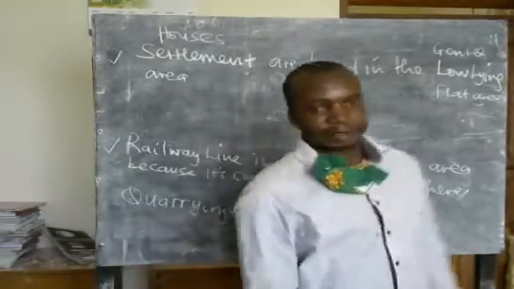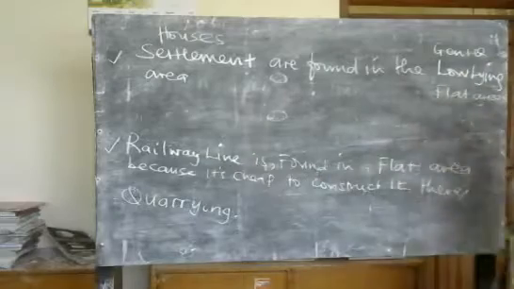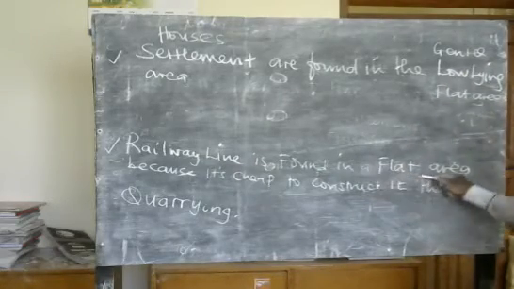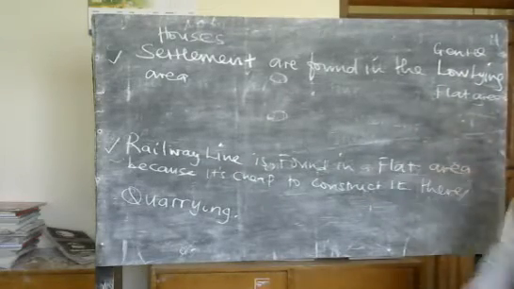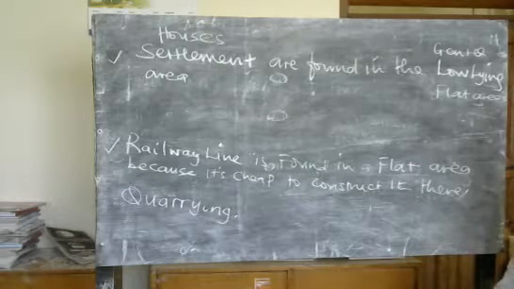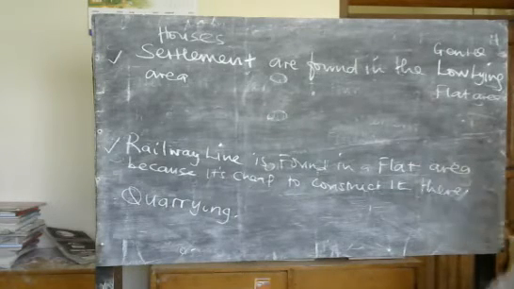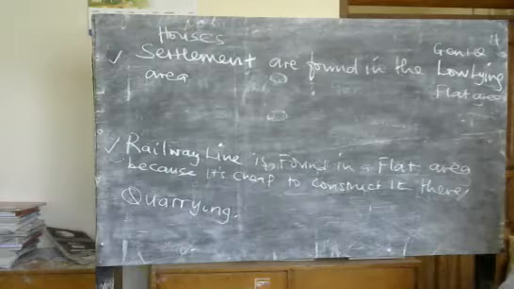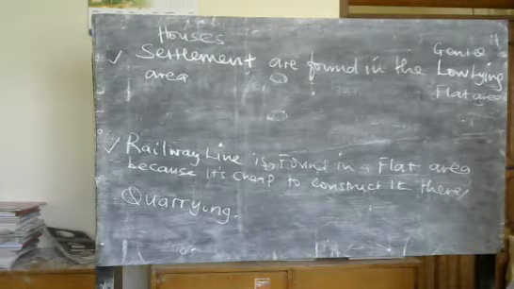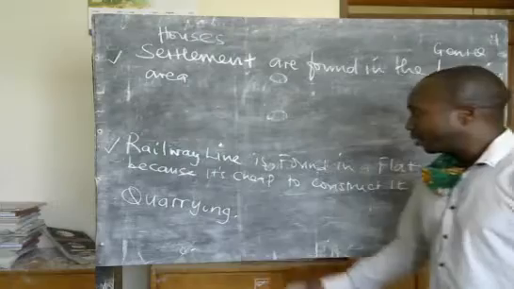The railway line is found in a flat area because it is cheap to construct it there.